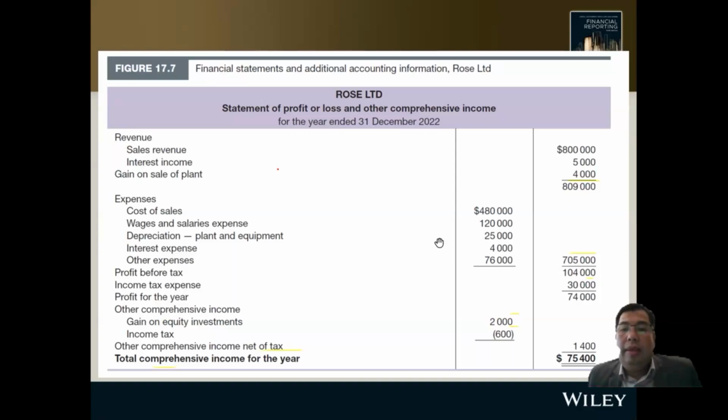So in this example, based on this, you should know your ending balance, that is 8,600, and the movement here is the movement of your tax.